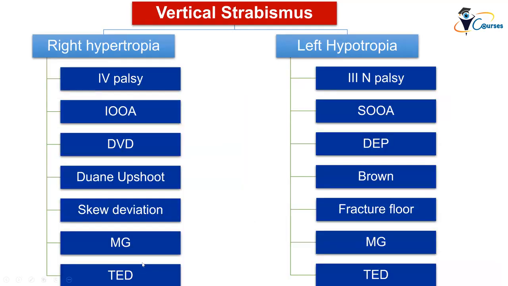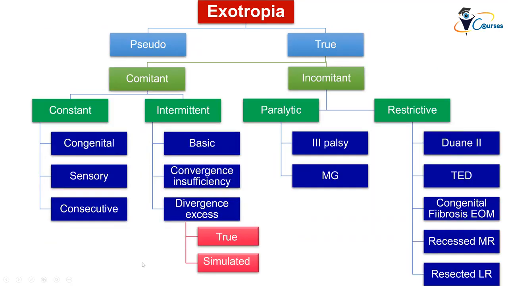For divergence excess, the patient has exotropia that is more for far than for near. And this is subclassified into what's called true and simulated. We will postpone this to when we discuss the intermittent exotropia, because it will need a lot of discussion.